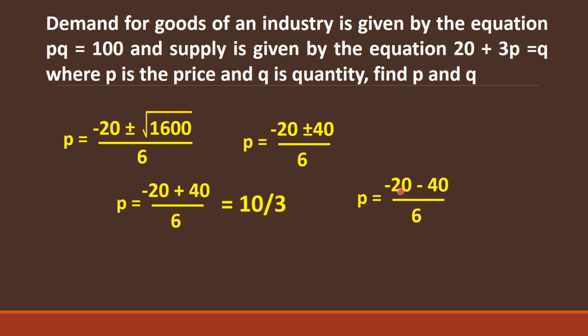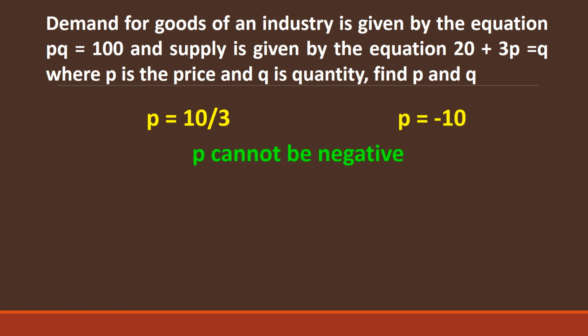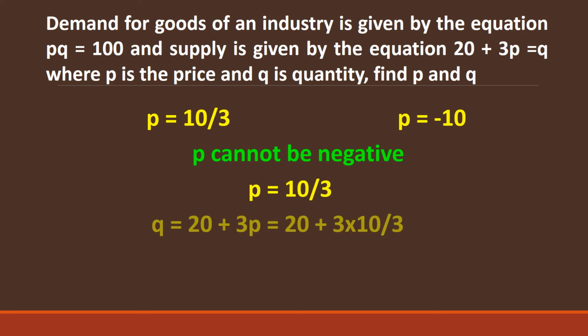And if it is minus 20 minus 40 by 6, then the value of P is minus 10. But P cannot be negative. P is price. The price cannot be negative. Thus, we get P as 10 by 3 or minus 10, and we understood that P cannot be negative. Thus, P has to be 10 divided by 3.